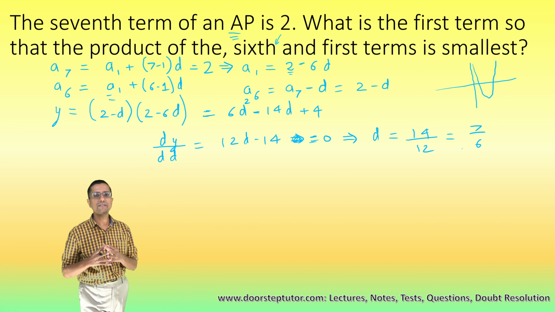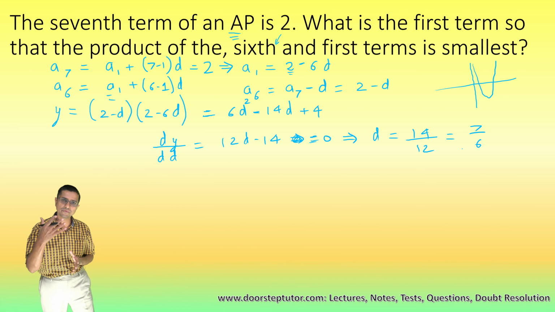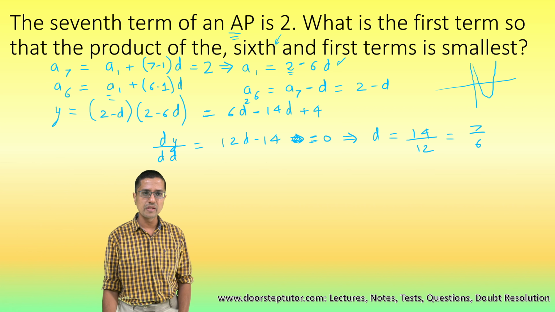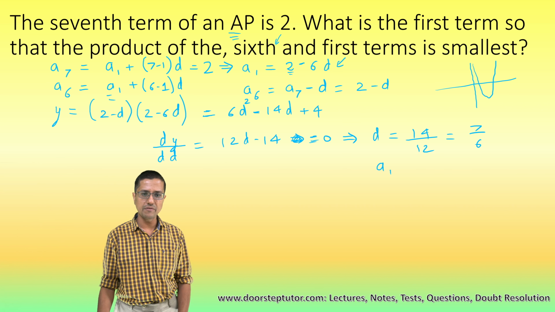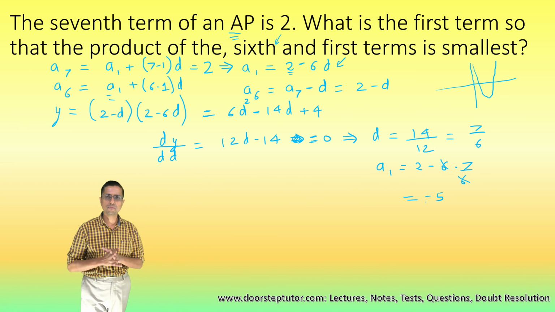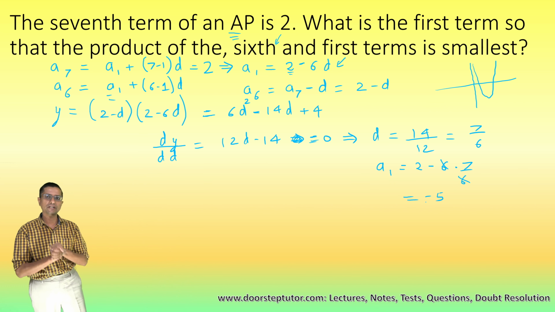Okay, so that is where the minima would happen, at D equal to 7 by 6. You can substitute this value back here, and then our A1 will come out to be 2 minus 6 into 7 by 6. The 6 and 6 would cancel. 2 minus 7 comes out to be minus 5. Okay, so very, very simple. That would be our first term.